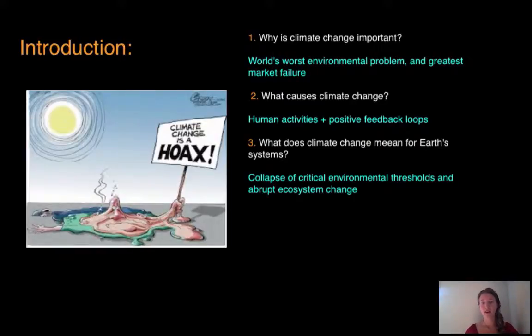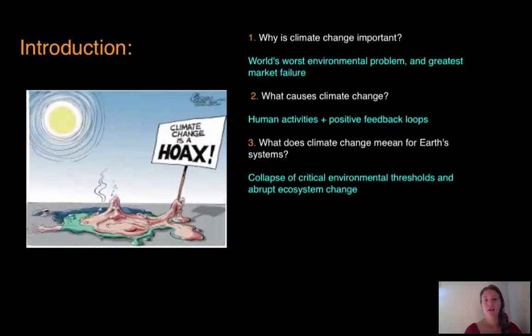And because of the negative externalities associated with climate change, whether it be decreases in health or decreases in environmental goods, climate change was called the greatest market failure by Stern in 2007, because polluters have no incentive in the market to lower their emissions. So then people must absorb the negative and adverse health effects of climate change.